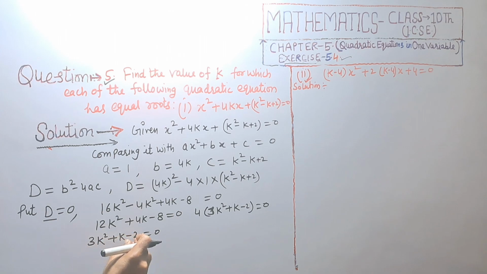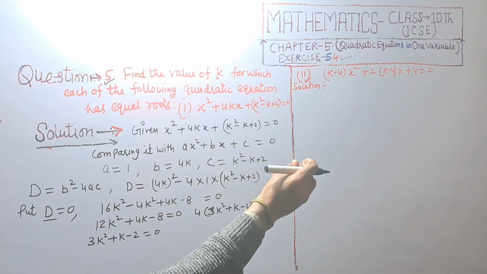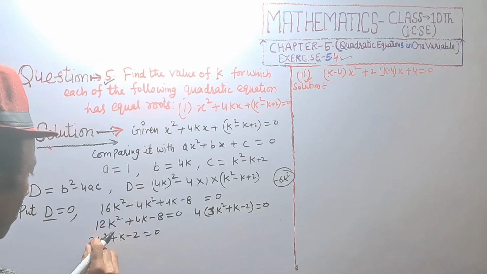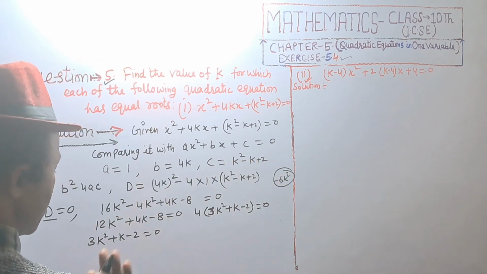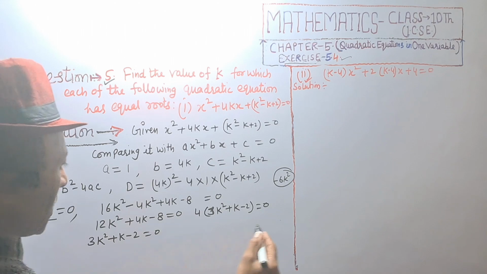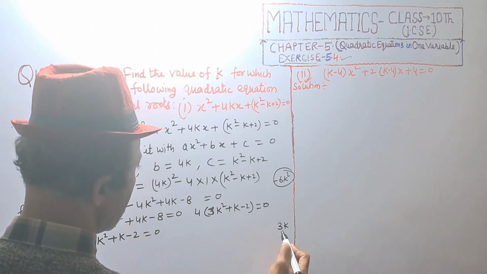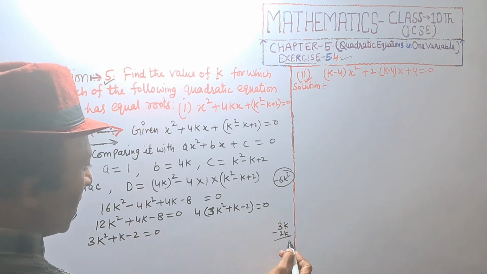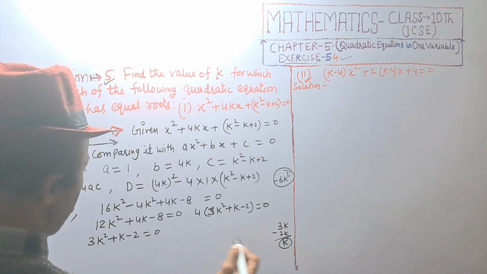Product of first and last is equal to minus 6k square, that is 3k minus 2k, and 3k minus 2k is equal to k.